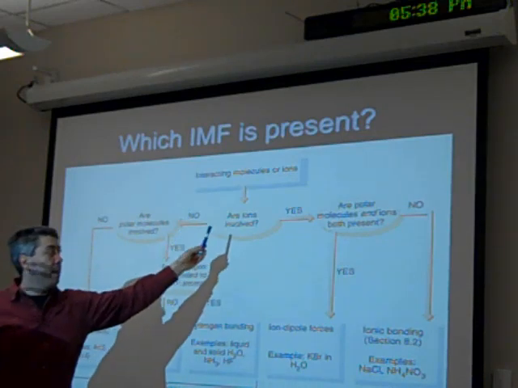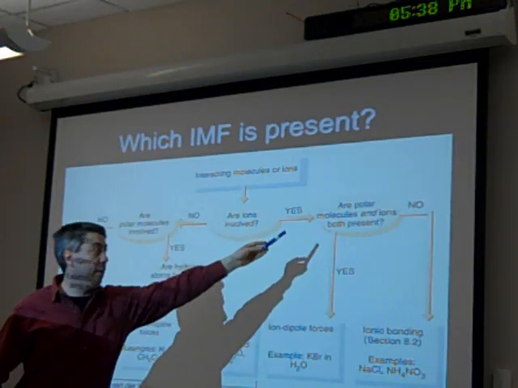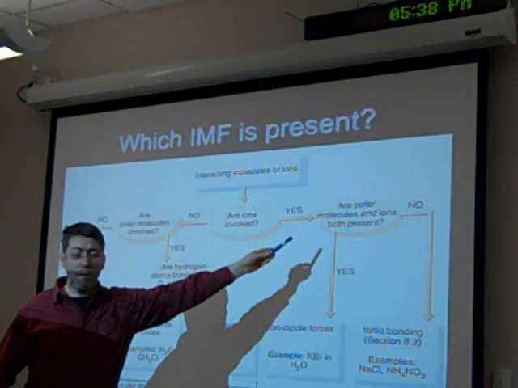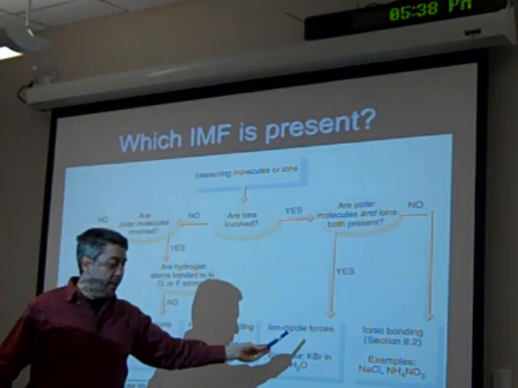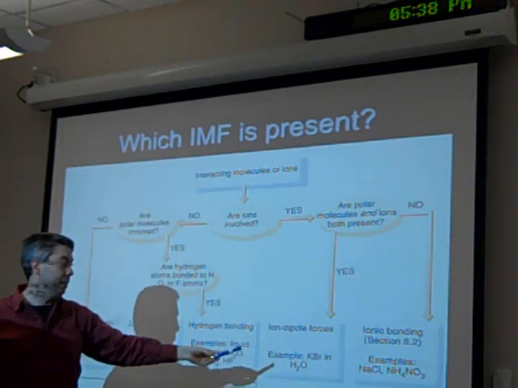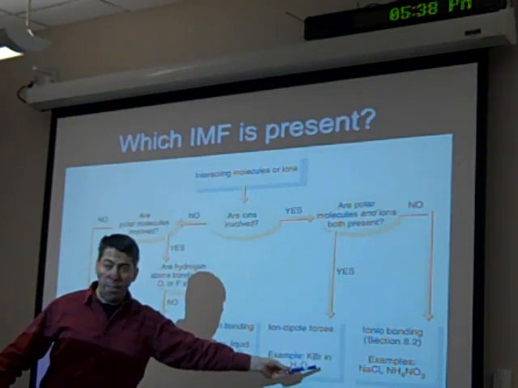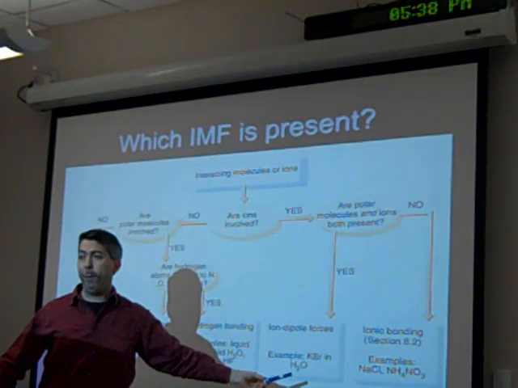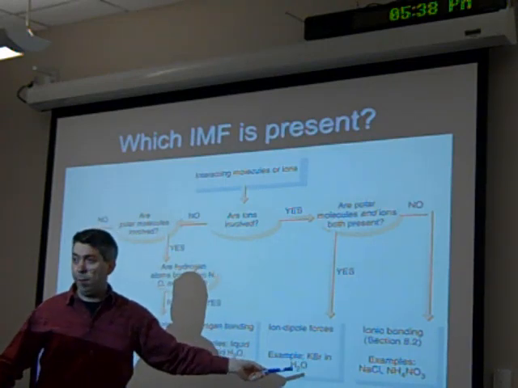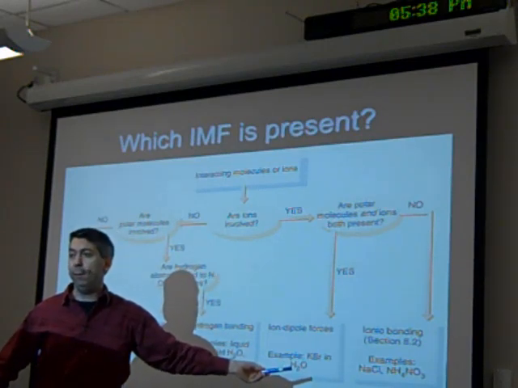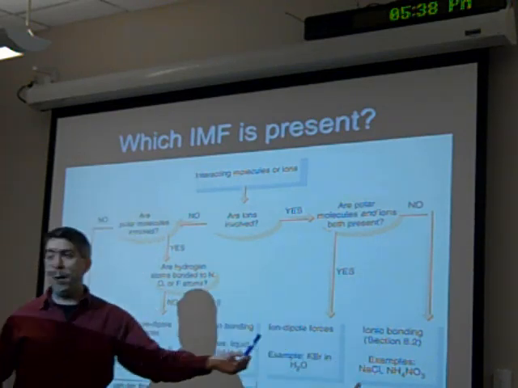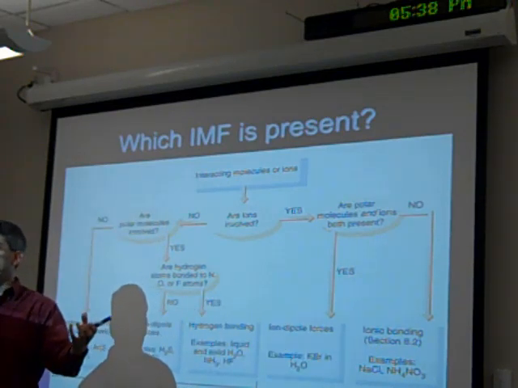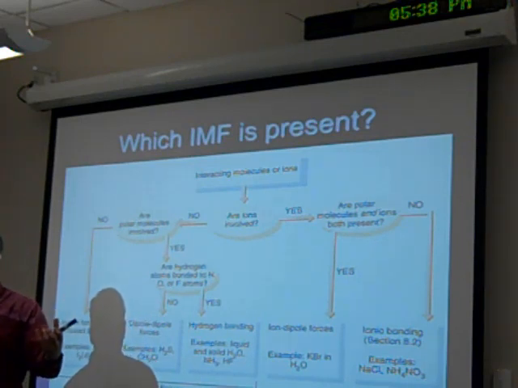However, if there are ions involved, and you also have a polar solvent, then you have ion dipole forces. And this is even stronger. Actually, it's a full positive or a full negative with a partial positive and a partial negative. So there's a strong electrostatic attraction between them. And then lastly, you have ionic bonding, which is a full positive attracted to a full negative. And that's the strongest electrostatic attraction.